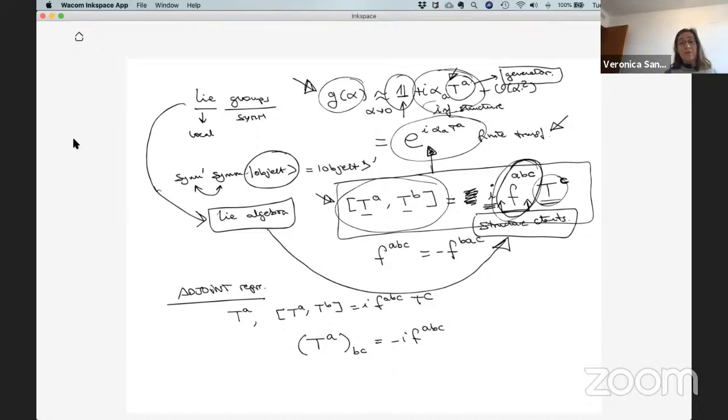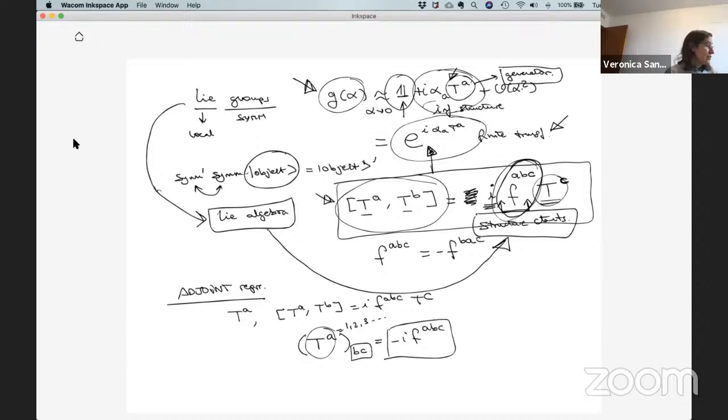So if you thought about symmetries of space-time, you could think of taking derivatives with respect to x, y, z, with respect to time, and so on. So these generators can be more than one. And that's why we have this label A. And now I'm telling you that a possible representation of this T^A, where A can be 1, 2, 3, whatever number, is to build a matrix where the entries BC are precisely these structure constants. That is a choice. And that choice is called the adjoint representation of your symmetry group.